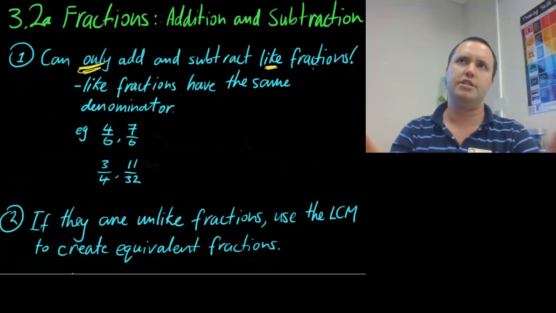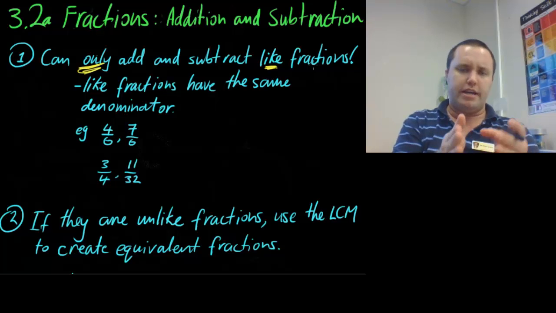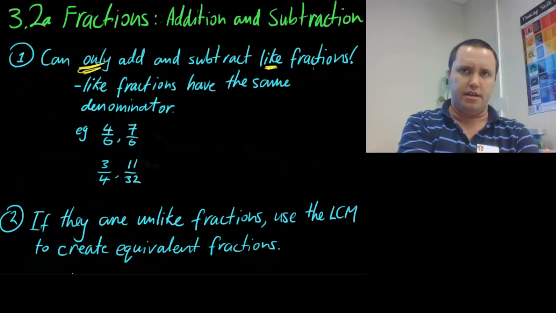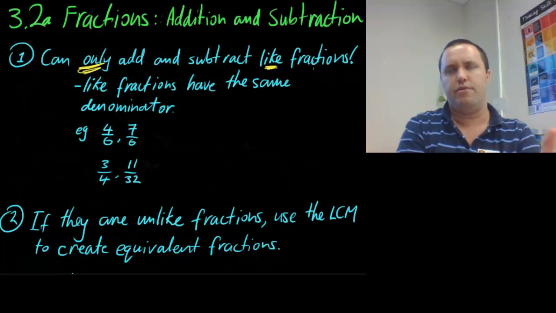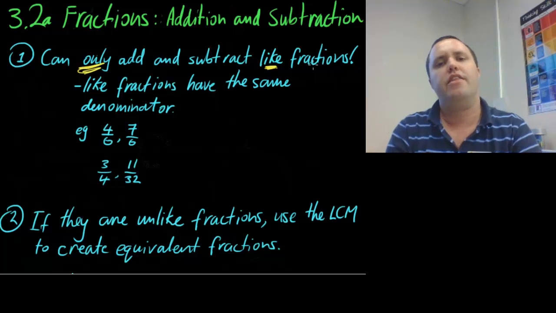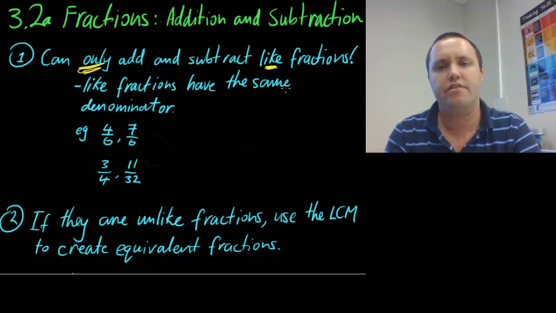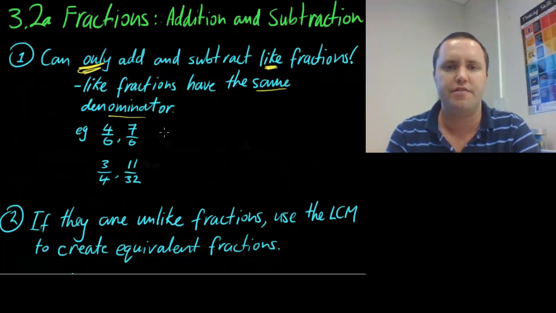Remember last year when you looked at the beginnings of algebra and you looked at like and unlike terms, and they had the same variables if they were to be like terms. With like fractions, they have to have the same denominator. So 4 over 6 and 7 over 6, these are like fractions.